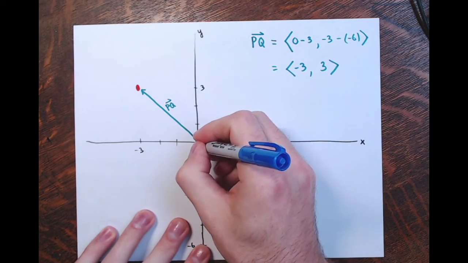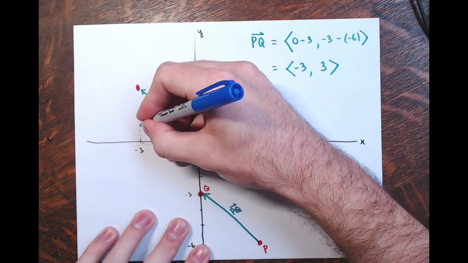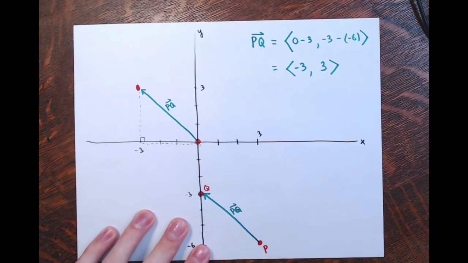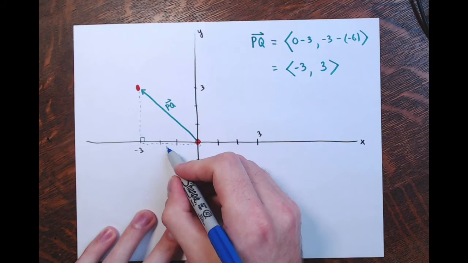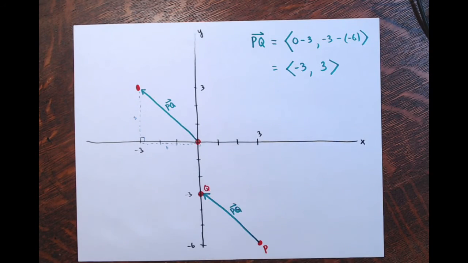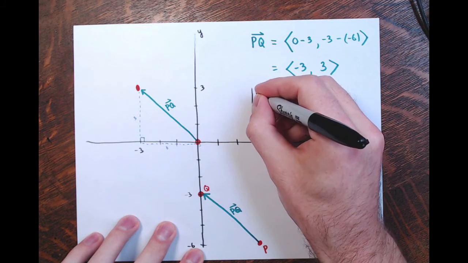I went left 3 and then up 3. Do you see the right triangle formed here, where the vector is the hypotenuse, and this leg has a length of 3 units, this leg has a length of 3 units, so the hypotenuse would be 3 times the square root of 2.